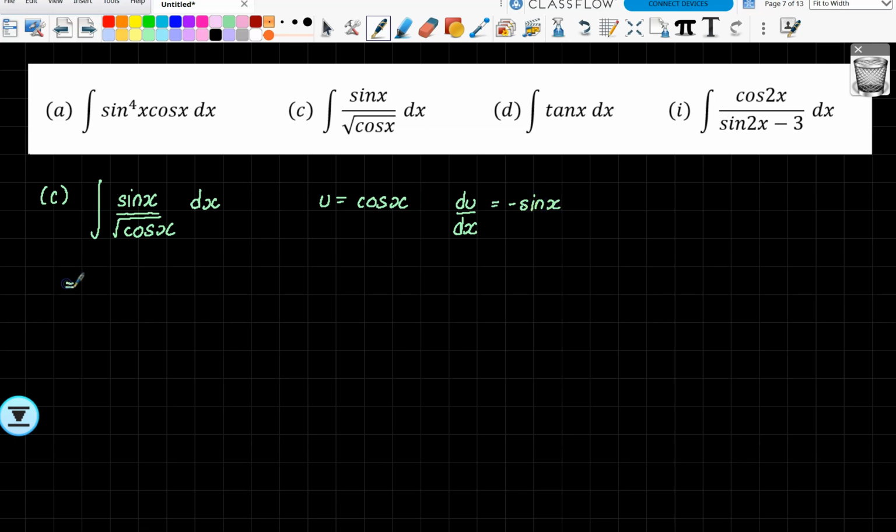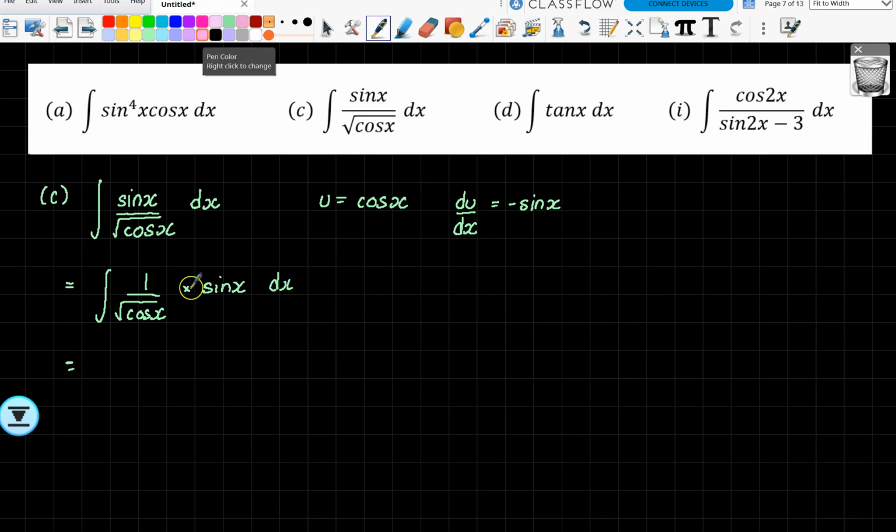Now, one of the things, again, if you're ever stuck, the tip is separate your functions. So if I look at this, I've got 1 over root cos x times your sine x, dx. Now, what we want is we don't want sine x, we want minus sine x.